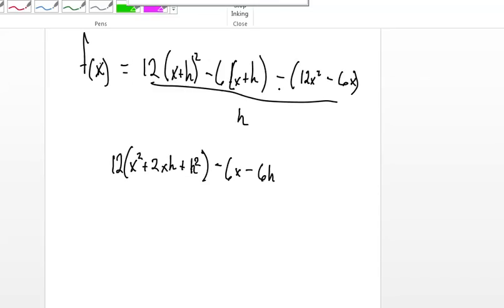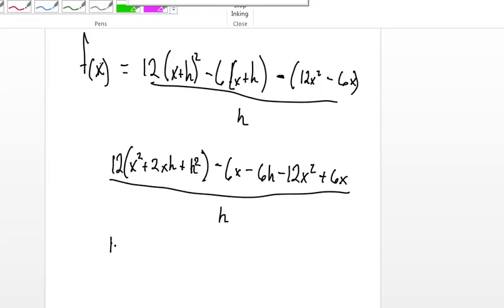Now here, this is the tricky part, this negative here, I distribute that in there, so I'd end up with negative 12x squared and positive 6x all over h.